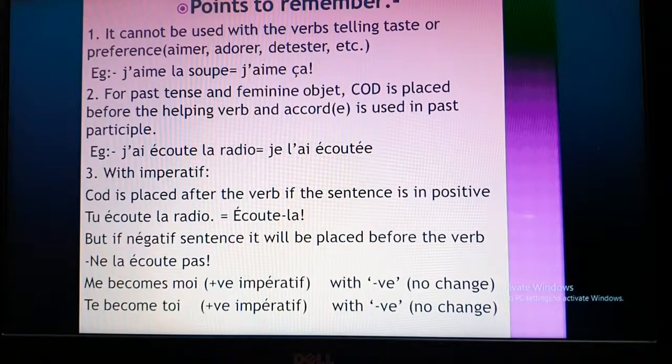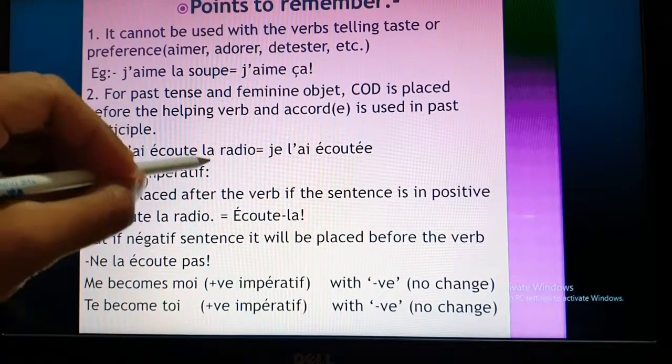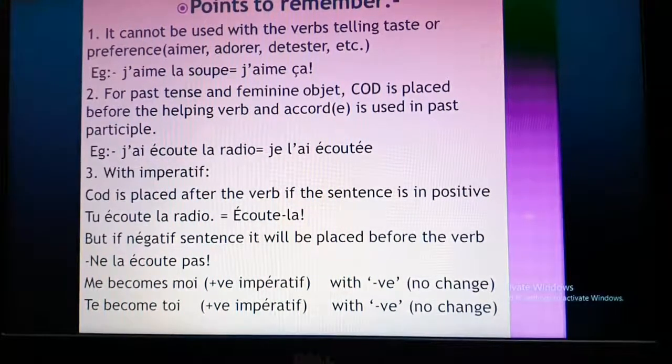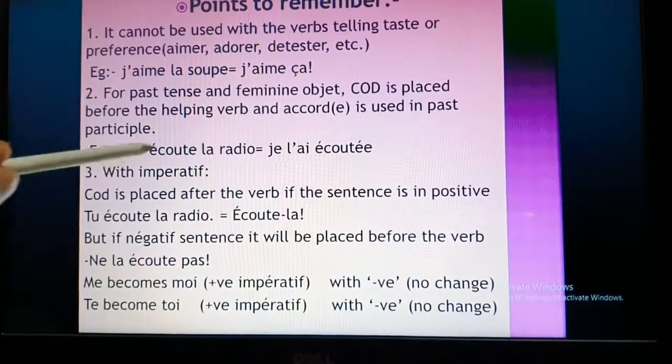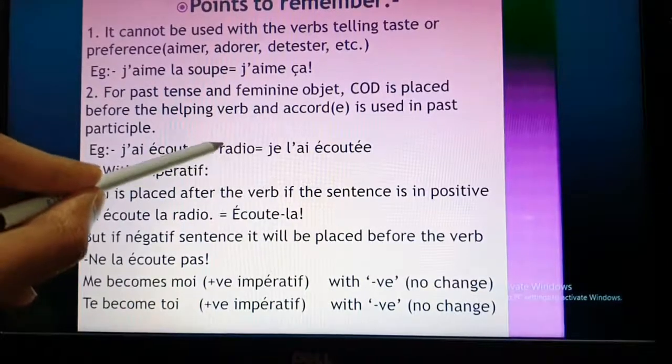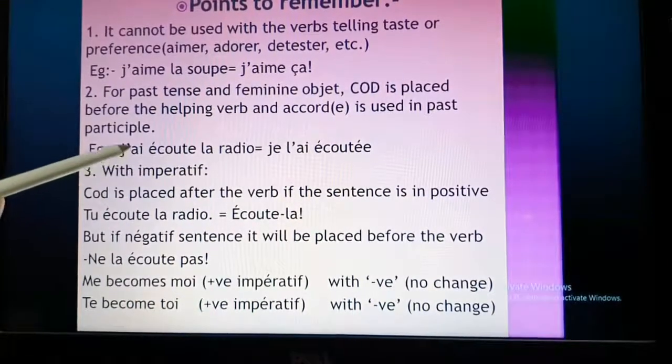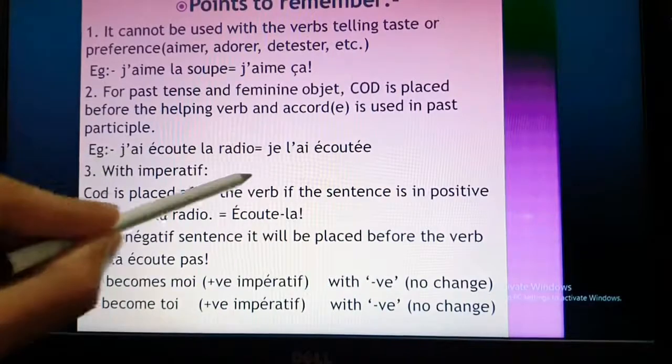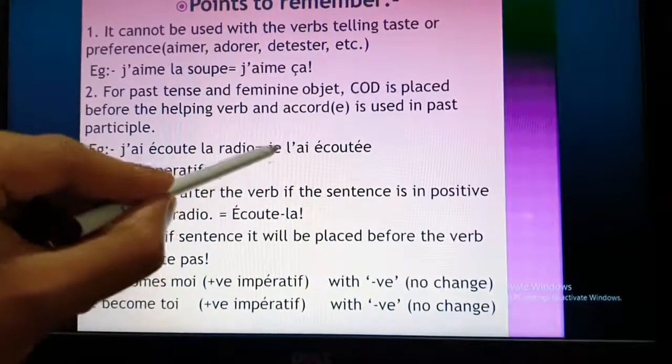Second one, for past tense and feminine object, COD is placed before the helping verb and accord is used in the past participle. Which means if the object is feminine, for example la radio is feminine and the sentence is in passé composé, this will be replaced by la and it will be placed before the helping verb, that is avoir, that is je l'ai.